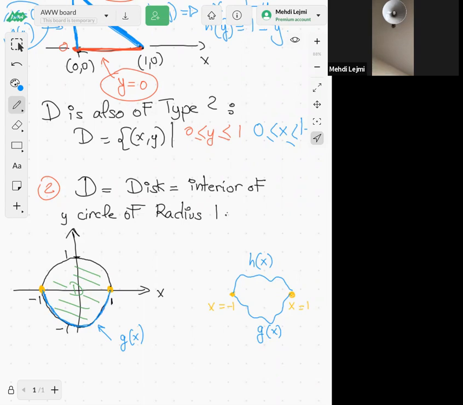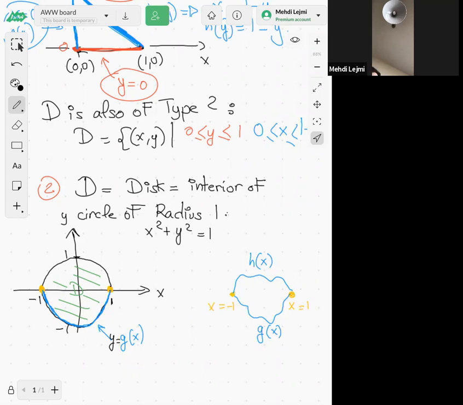So what's the equation of the circle? The equation of the circle, of course, is x squared plus y squared equals 1. So when I say g of x, this is like saying g of x is just equal to the y coordinate. So we need to solve for y.